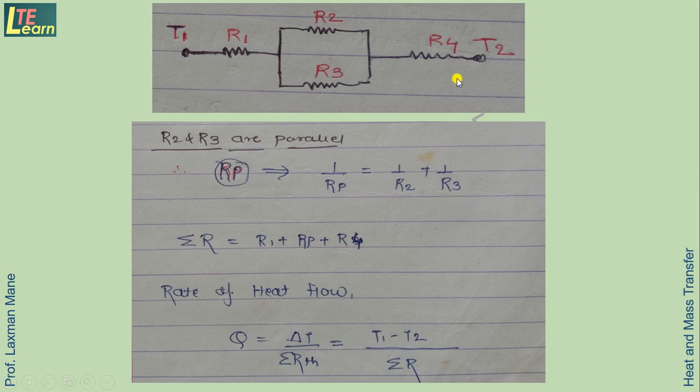Now for all the resistances we can write summation R is equal to R1 plus, for the middle part, this R_p, and the last is R4. Now the rate of heat flow, general formula, Q is equal to delta T by summation of resistances. So delta T is what? T1 minus T2 divided by the summation of resistances, in that R1 plus R_p plus R4.